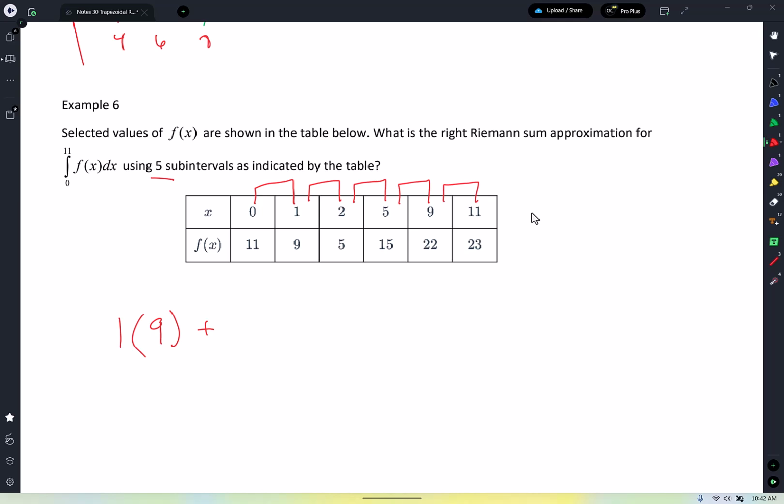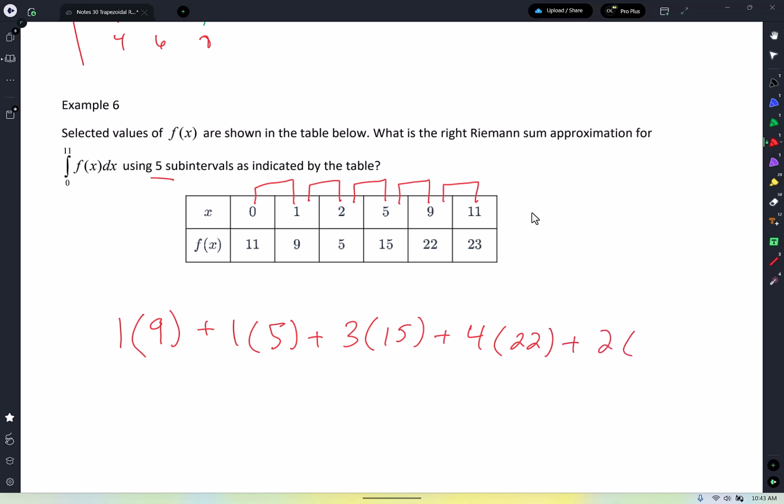Perfect. What's the delta x for the second rectangle? 1 again. And what am I using? The 5. Plus, what about the third rectangle? 3, 5 minus 2, guys, times 15. What's the fourth rectangle? 4 times, and then the last one, what's the width?